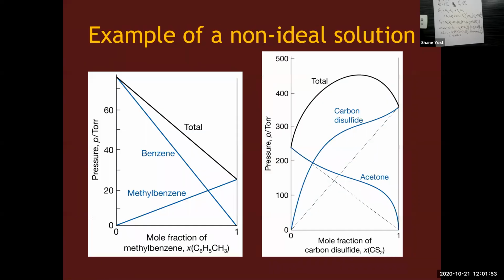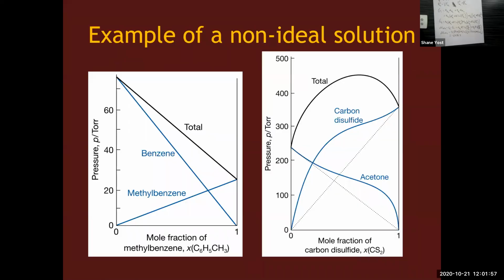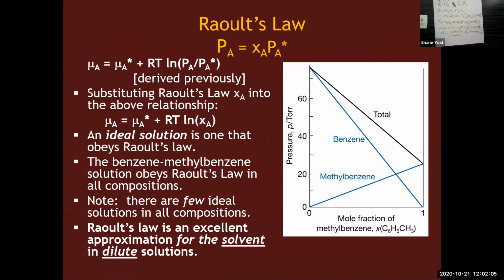So, questions about what is an ideal dilute solution, what is an ideal solution, Henry's law, Raoult's law? Using, say, Henry's law to get the chemical potential of your solute, it would be the chemical potential plus RT. Well, actually, you wouldn't use XA here.